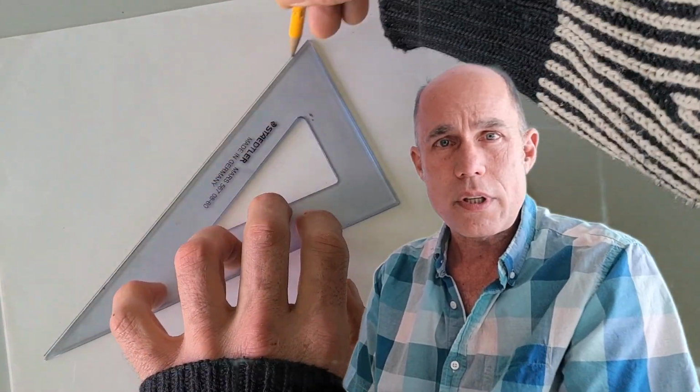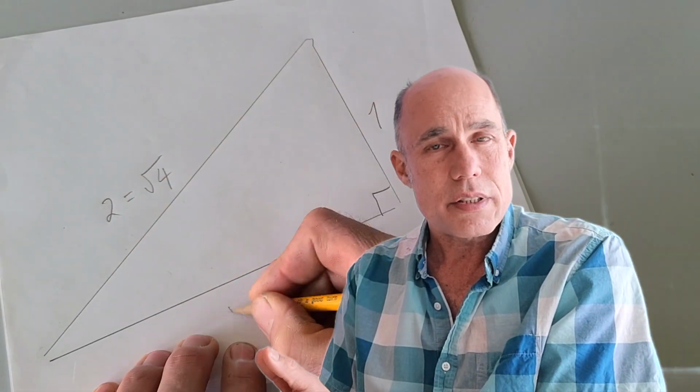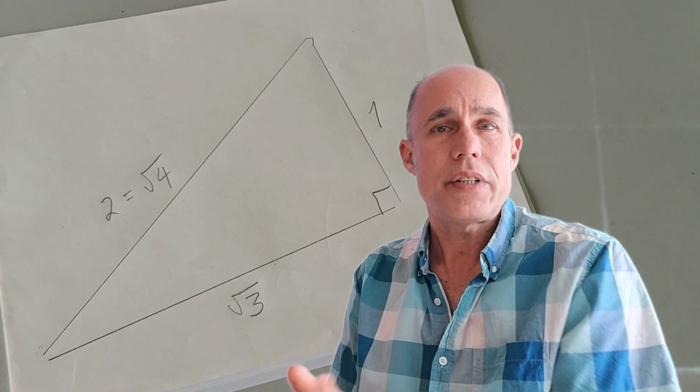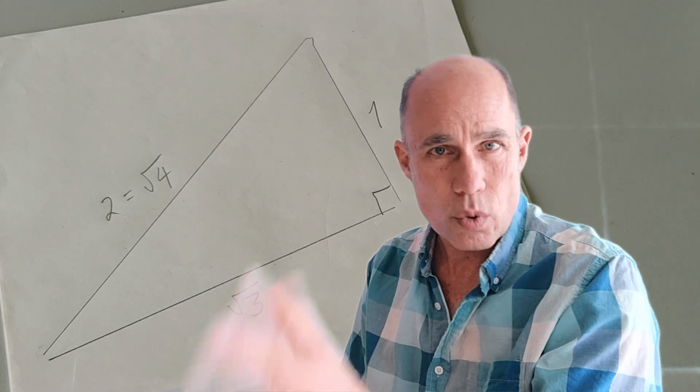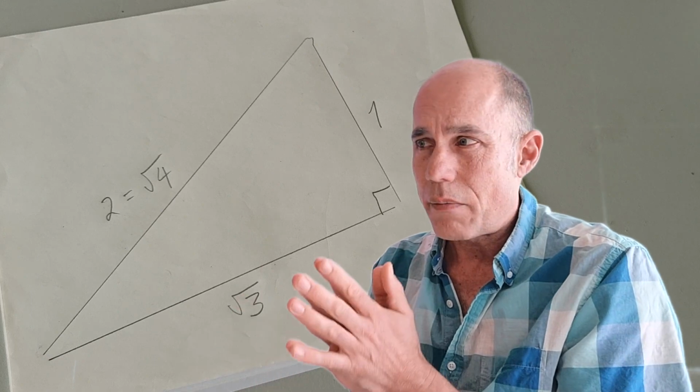Same with the special right triangle with the dimensions of 1 and 2, and then the square root of 3. These are foundational geometric elements, and so too is this dodecagon in base 12, and it doesn't have the same power or presence in base 10.